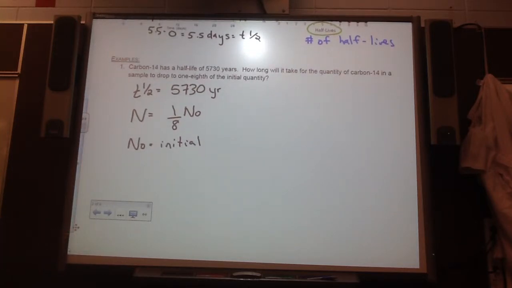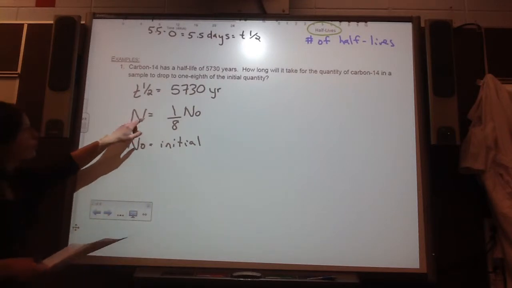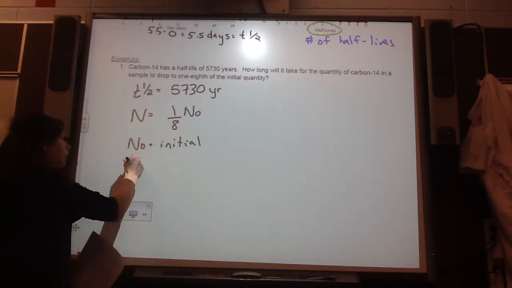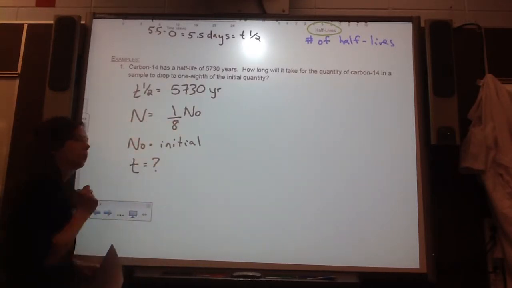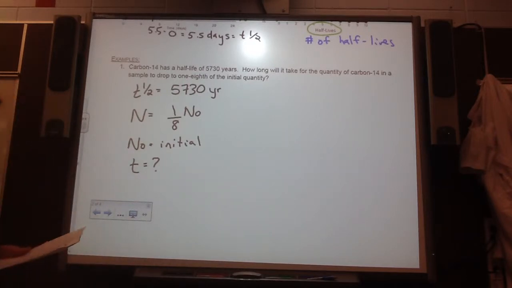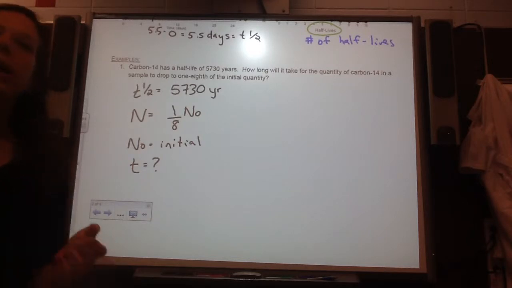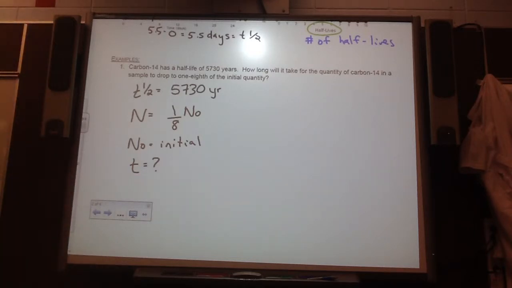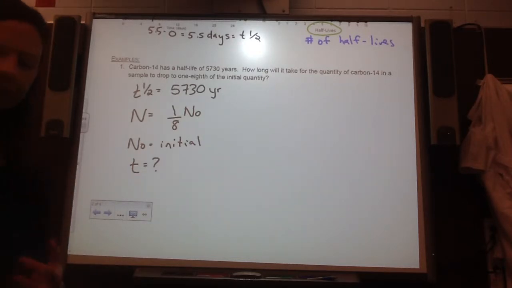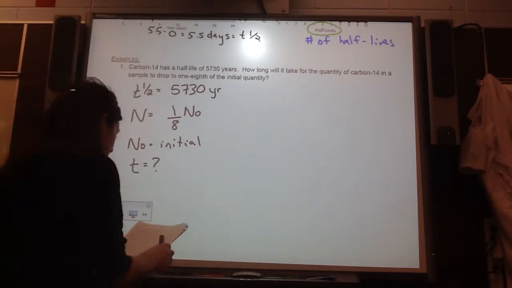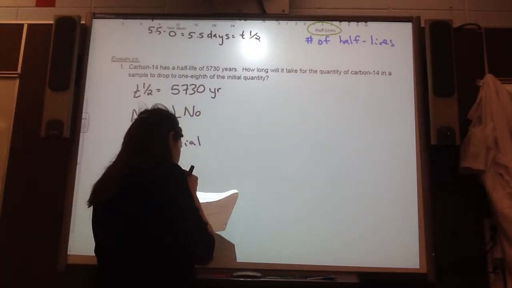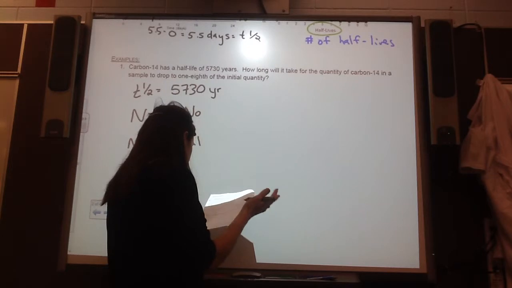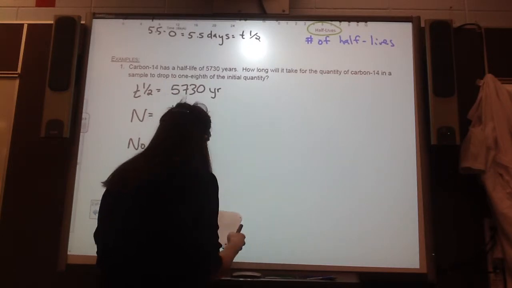Now what we are searching for is how long it will take it to degrade this much. So we're looking for T. Often we have to use both of the formulas from the beginning to figure things out. We need to find N in order to find T.